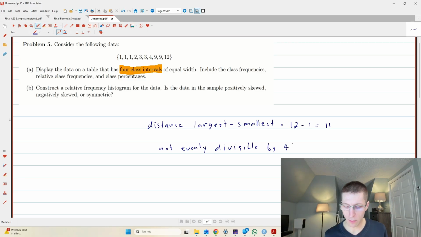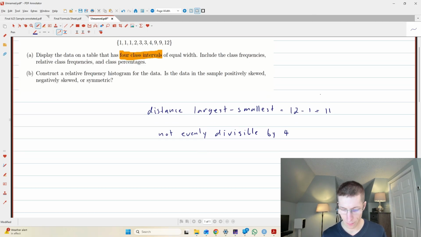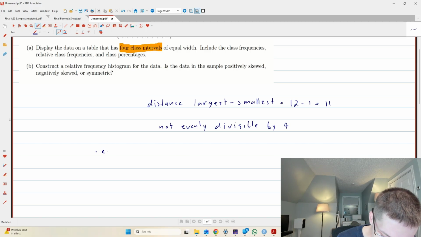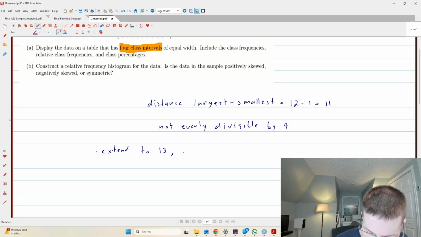So instead, what we'll do is we'll extend our table out to go all the way to 13. That way we include each of the data points and we get a distance that's evenly divisible by 4. So extend to 13, and then the widths of the intervals are going to be 12 over 4 equals 3.